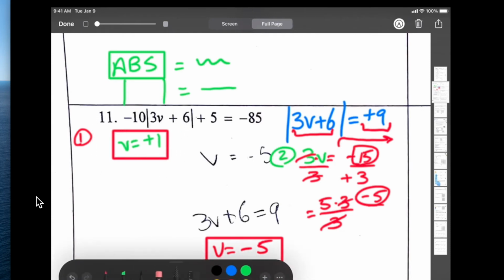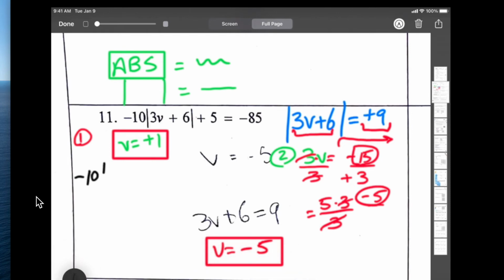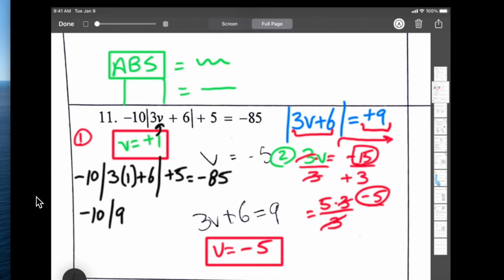We have negative 10 times the absolute value of 3 times 1, which is 3, plus 6 is 9, plus 5 equals negative 85.